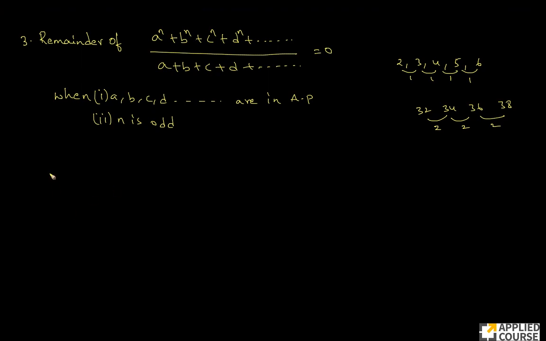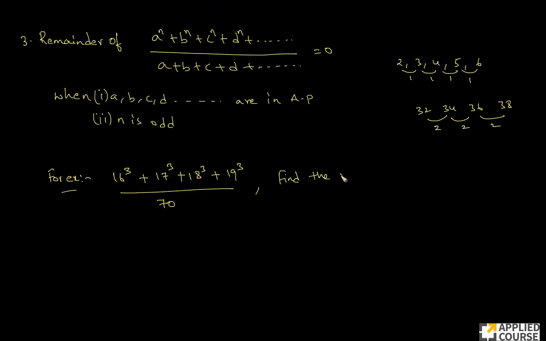For example, 16 cube plus 17 cube plus 18 cube plus 19 cube divided by 70. What is the remainder for this expression? You need to find the remainder.